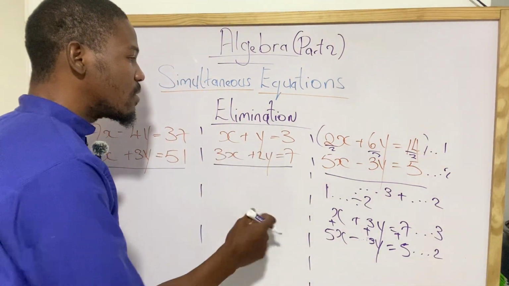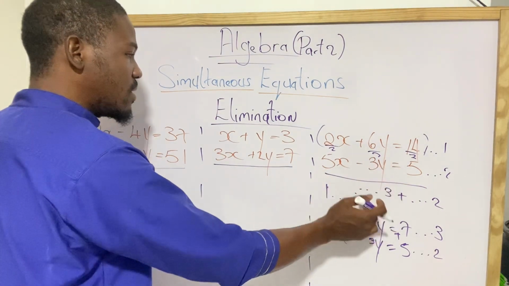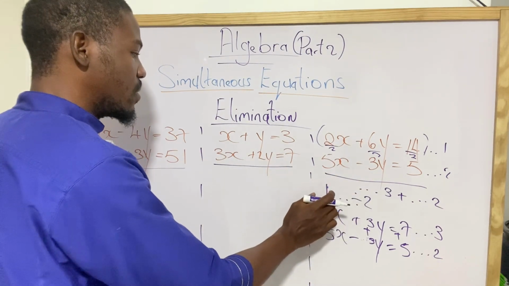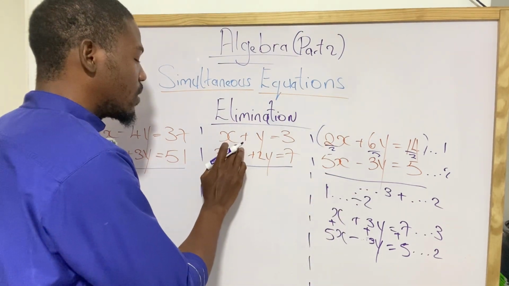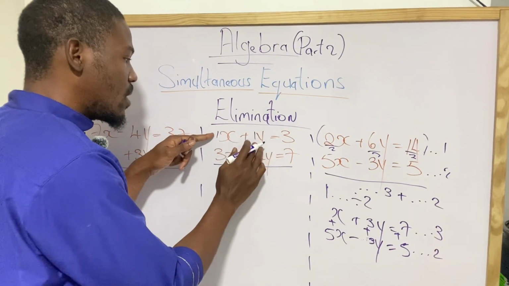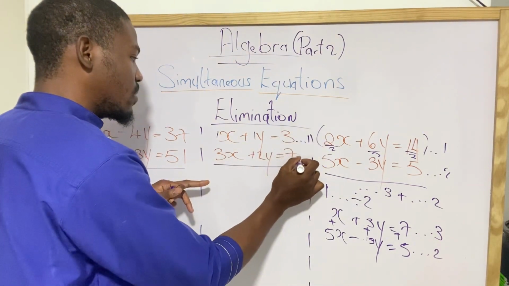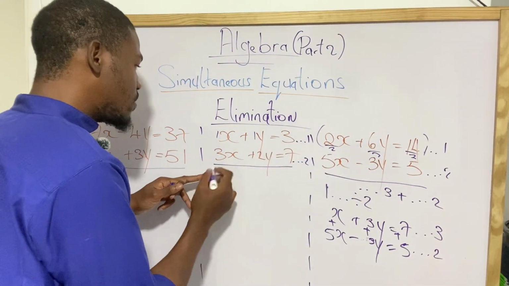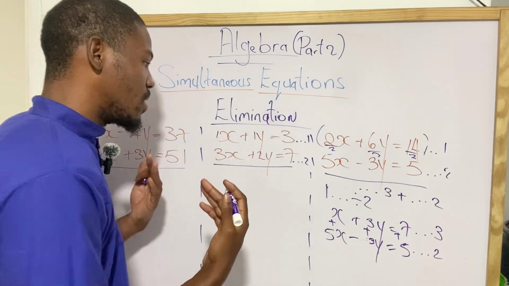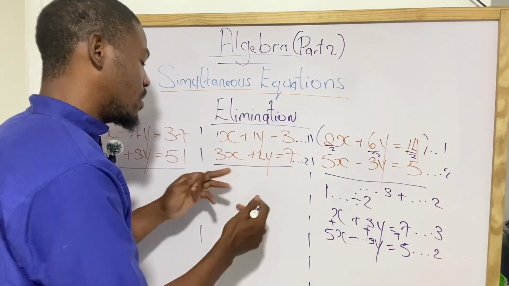Now the next way of starting my elimination process. In this case, we divided one of the equations by 2; we divided equation 1. Here, if we look carefully, we can choose to multiply the first equation by 3 or by 2 in order to get the x to be 3 or to get the y to be 2.